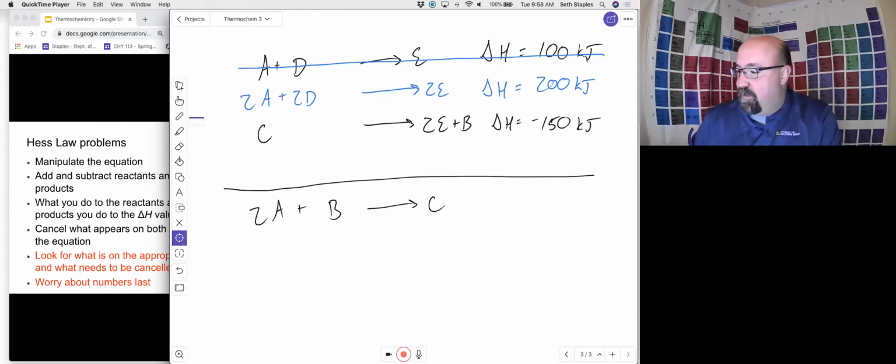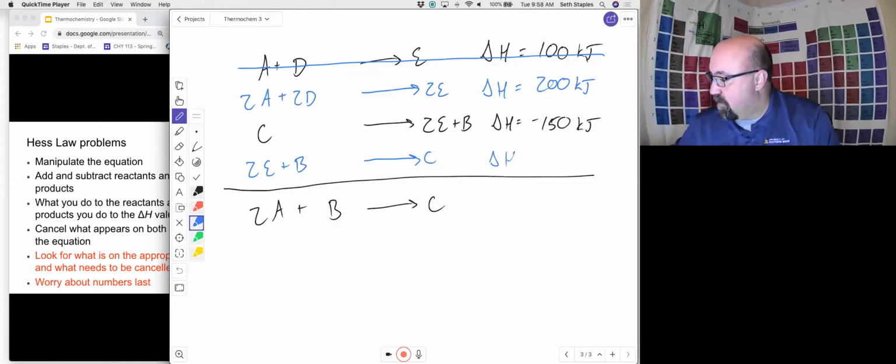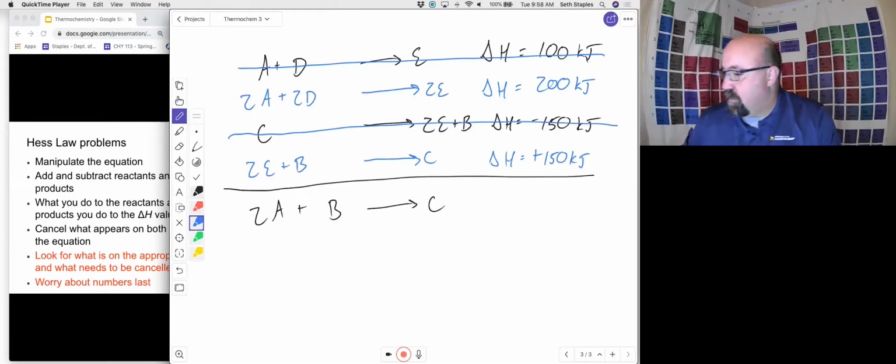So again, we could see that in this equation, we want C as a product, so we're going to have to flip this one. So we go ahead and do that. We flip this equation to get 2E plus B gives us C. We flipped it, so that means we're going to reverse our enthalpy. Cross that one out. And then we go through and look at everything that we've done. 2A in our reactant side, so that's good, we're looking for that.